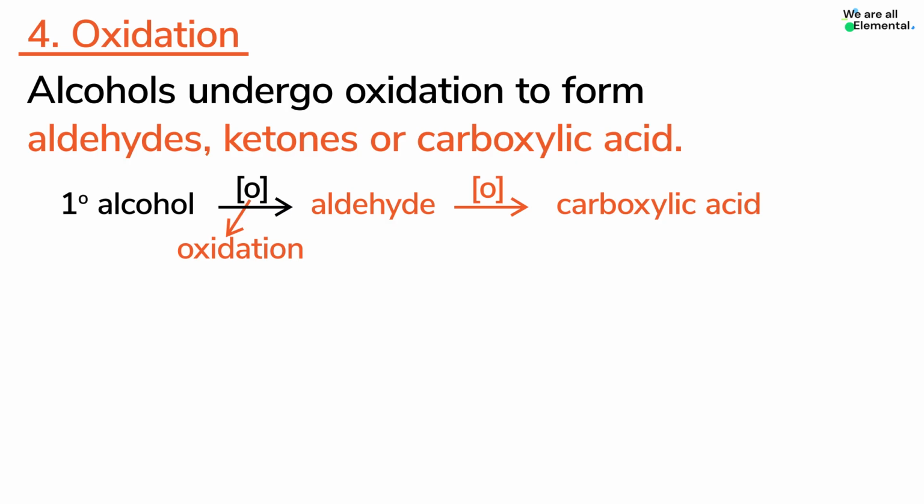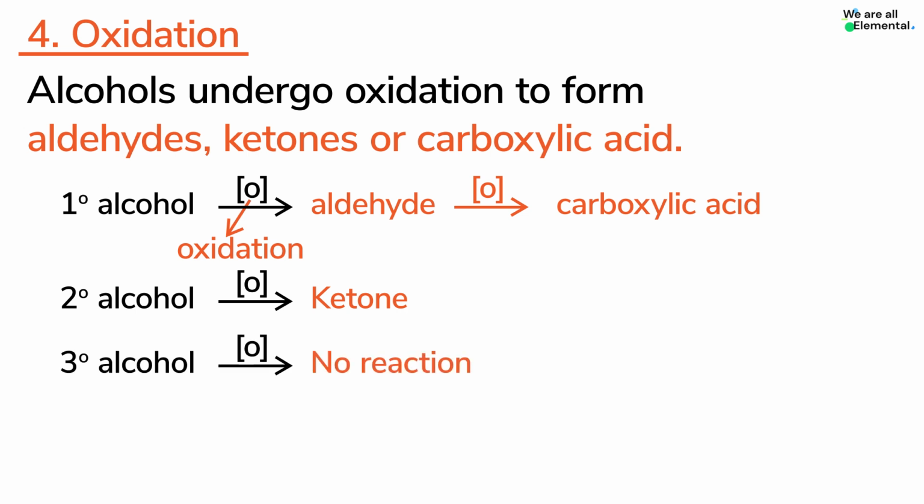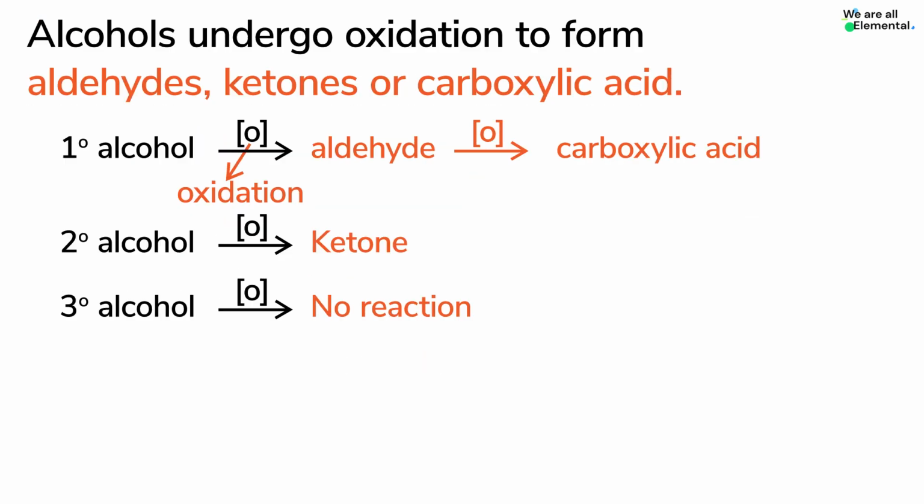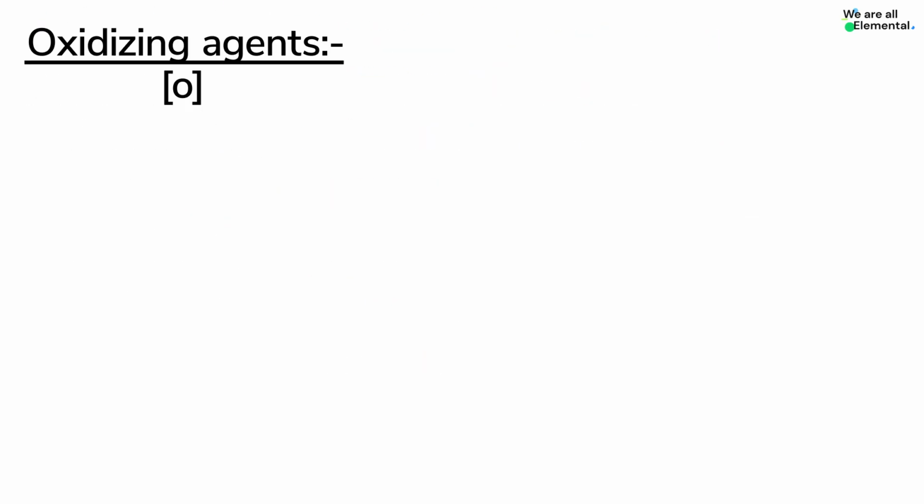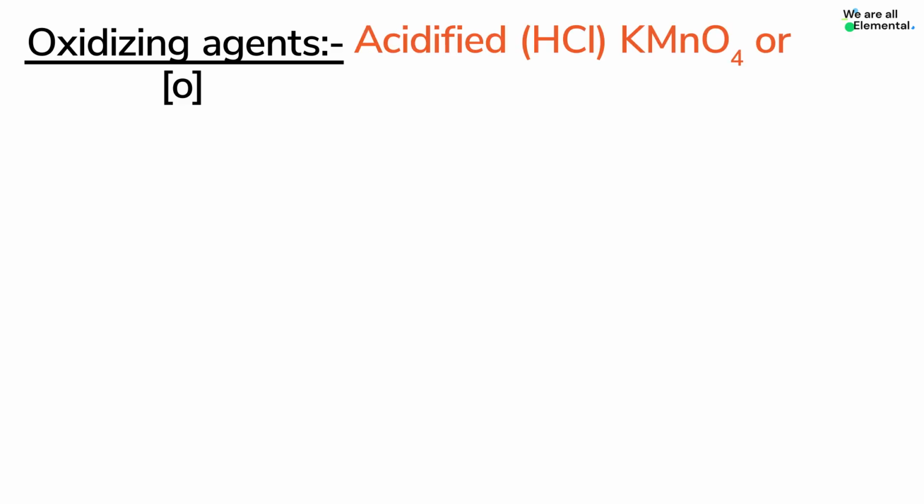But if it's a secondary alcohol, then the product is a ketone. And if it's a tertiary alcohol, then there is no chemical reaction. Examples of oxidizing agents are acidified potassium permanganate or acidified potassium dichromate, and the acid could be sulfuric acid.